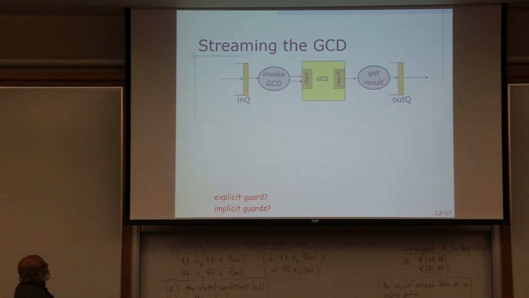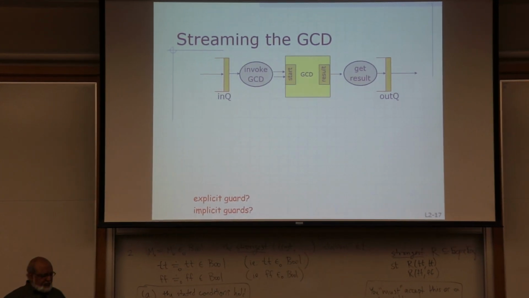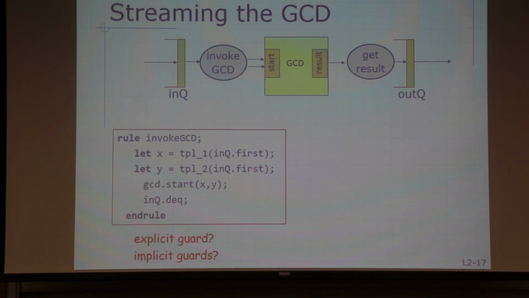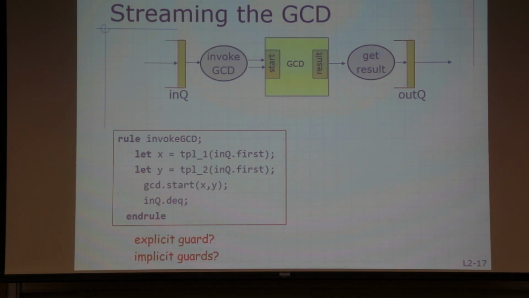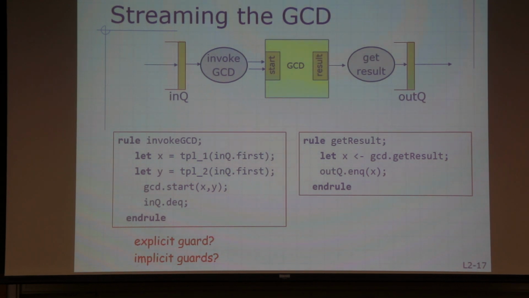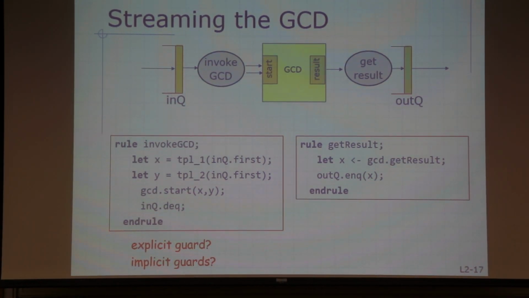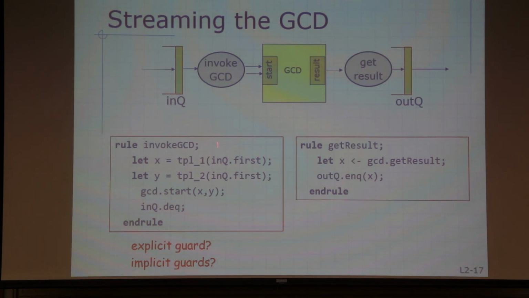Okay, so back to this example. You have seen this rule before, and you have seen this rule before. So please tell me, what are the explicit guards? What is the explicit guard of this rule? True, right? There is no guard in this. Same thing is true here. What are the implicit guards?